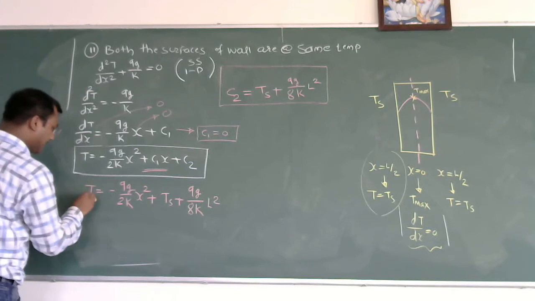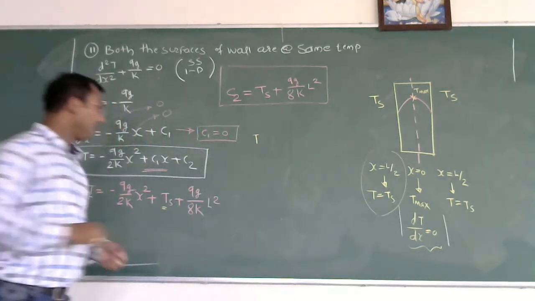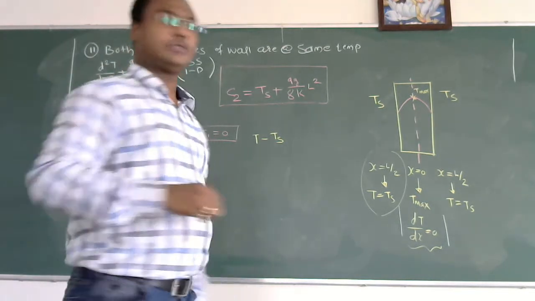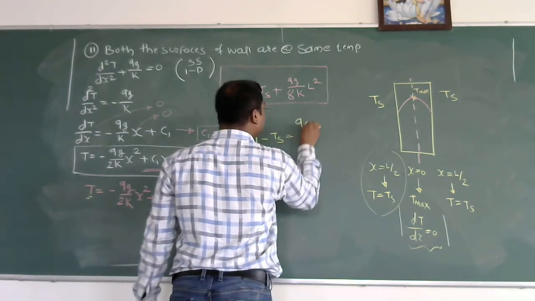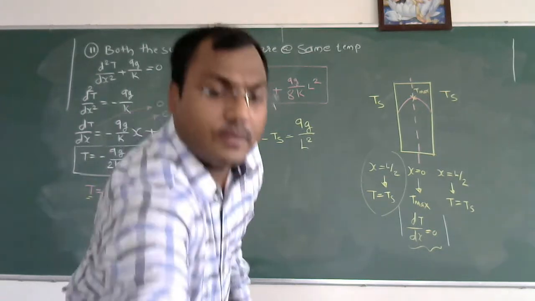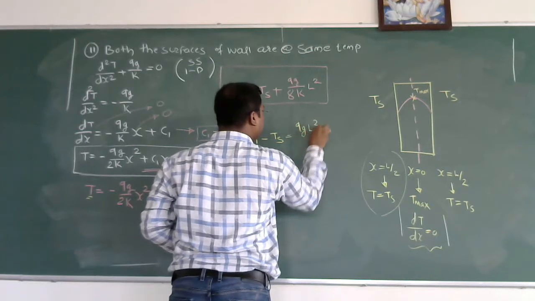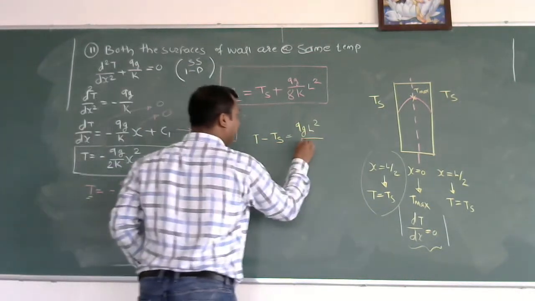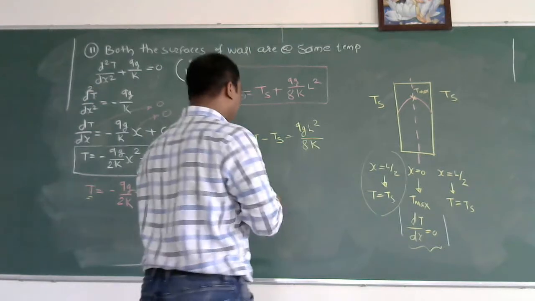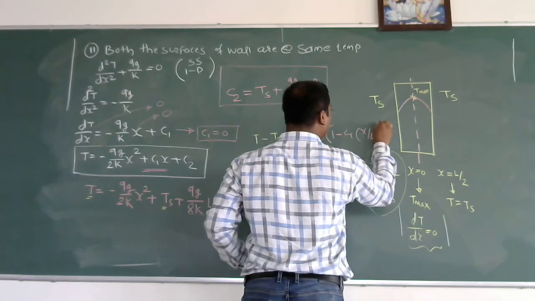So if I rearrange the equation in terms of T and Ts, I will get the final equation like T minus Ts, that is temperature minus surface temperature Ts, is equal to Qg into L square divided by 8K, let's take this as common, so this becomes 1 minus 4 times x by L square.